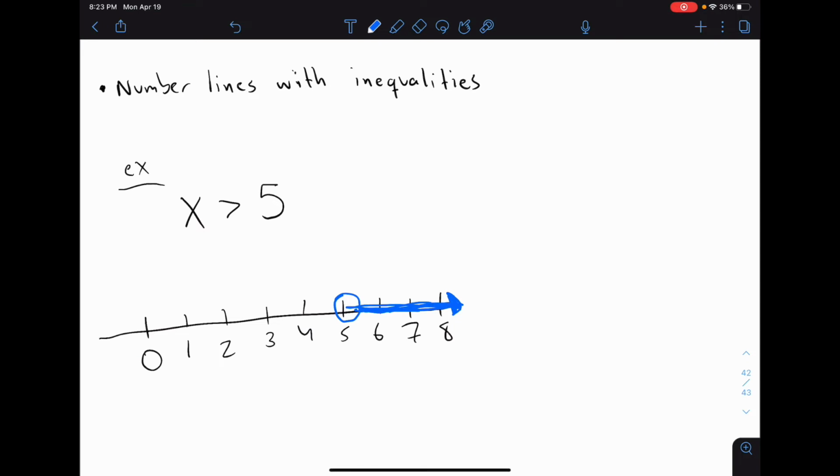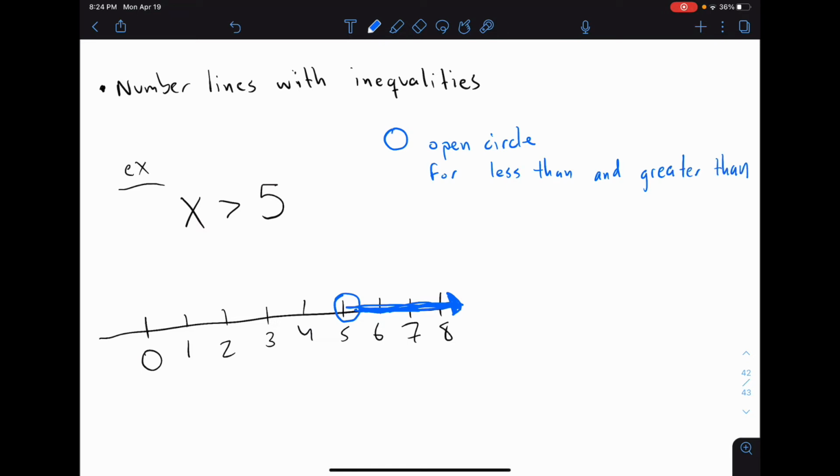I have an open circle. This means open circle for less than and greater than.